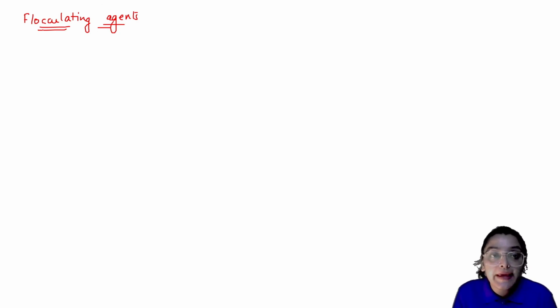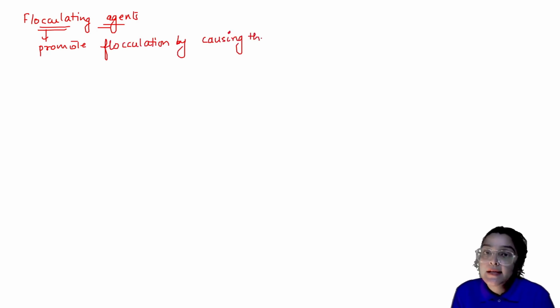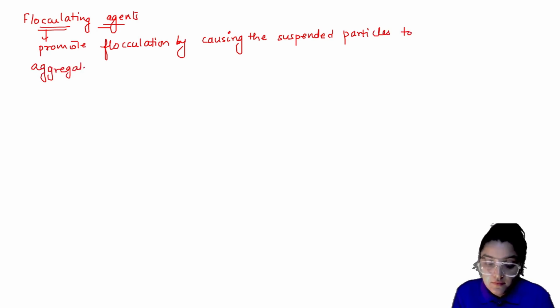So what are flocculating agents? These are the agents which tend to promote flocculation by causing the suspended particles to aggregate, basically forming a flock.